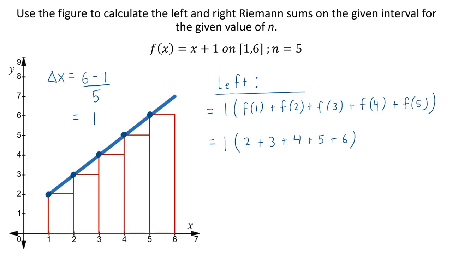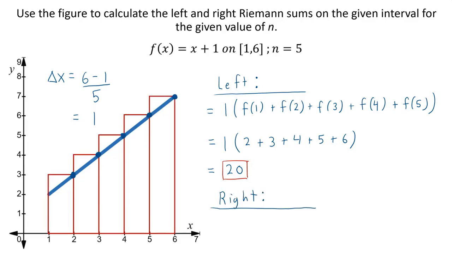To get the function values, plug each of the x values into the function. So f of 1 is 2, f of 2 is 3, f of 3 is 4, and so on. So our left Riemann sum is 20. Now let's do the same thing for the right. Notice that I've shifted all of our rectangles so that the right side of the rectangle now intersects the graph of our function. The width of each rectangle is still 1, so we'll have 1 times the sum.